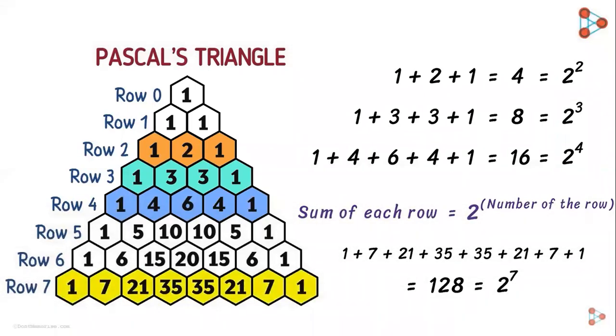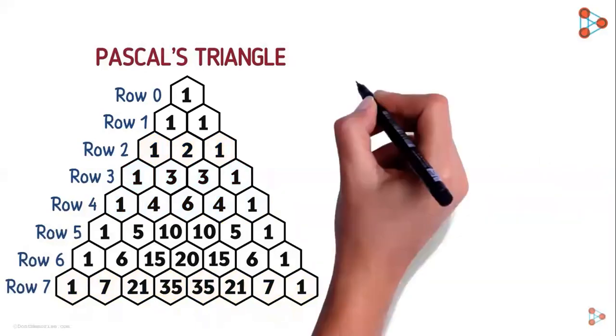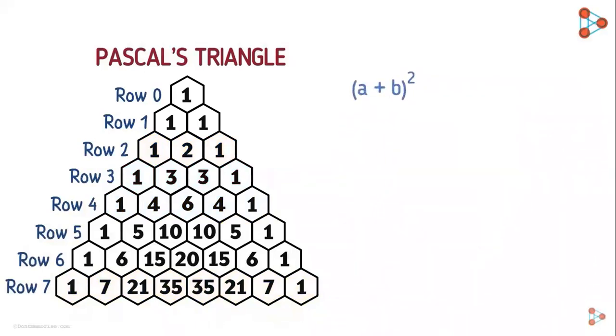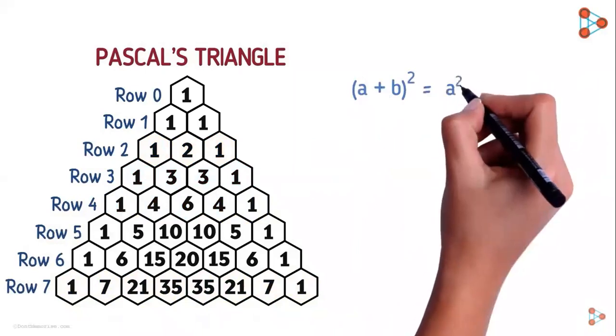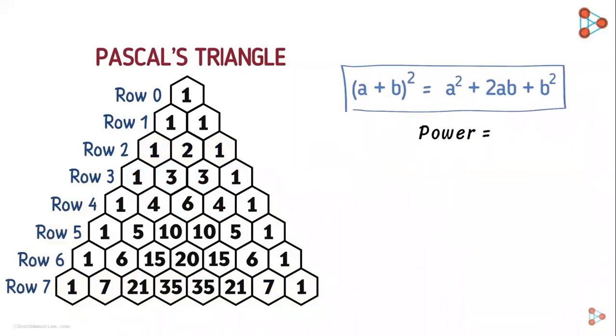So many patterns, right? But you may be wondering, how will we use Pascal's triangle in the binomial theorem? Let's see how. Can you tell me the formula of (a plus b) the whole squared? Yes, it's a squared plus 2ab plus b squared. Can you tell me what the power of the binomial here is?